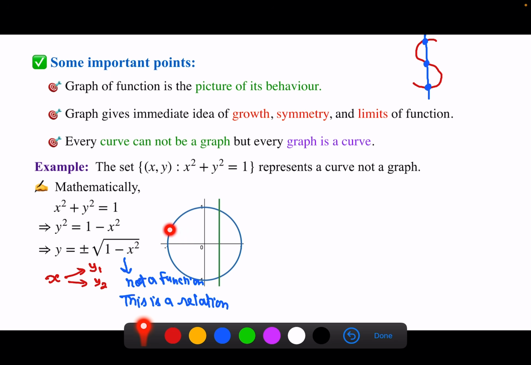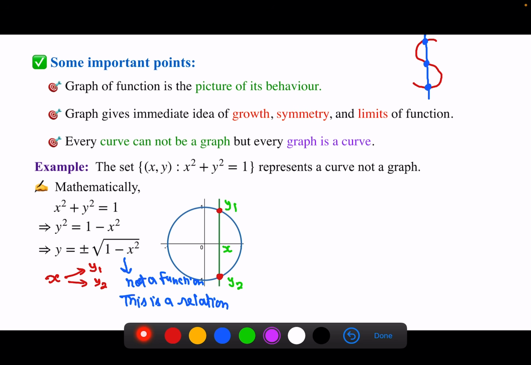So this circle represents a curve, not a graph. We draw a vertical line here, and we see that this vertical line cuts the circle at 2 points. That is, corresponding to one value of x, we are getting two values of y. So this is a curve, not a graph.